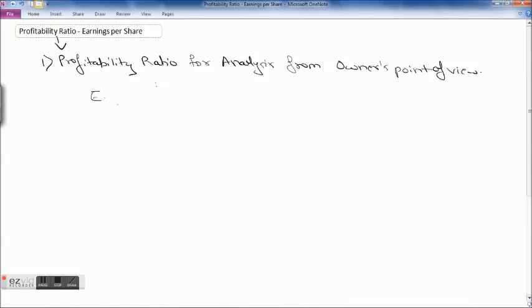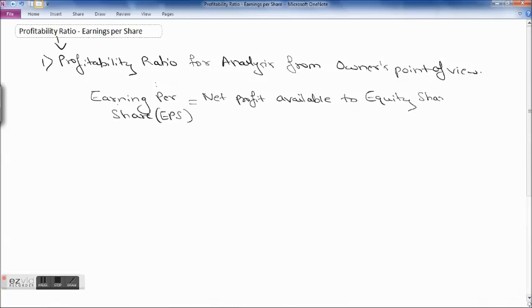Earning per share, also known as EPS, is equal to net profit available to equity shareholders. Okay, this is very important.